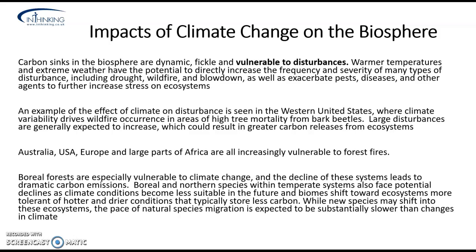So boreal and northern species within temperate systems also face potential declines as climate conditions become less suitable in the future and biomass shifts towards ecosystems more tolerant of hotter and drier conditions that typically will store less carbon. So while new species may shift into these ecosystems, the pace of natural species migration is expected to be substantially slower than the changes in climate. So substantially slower than those shifts and changes in carbon fluxes.